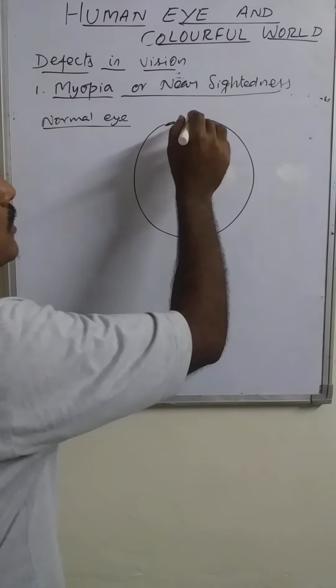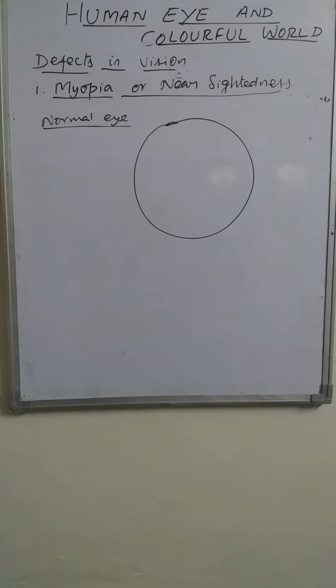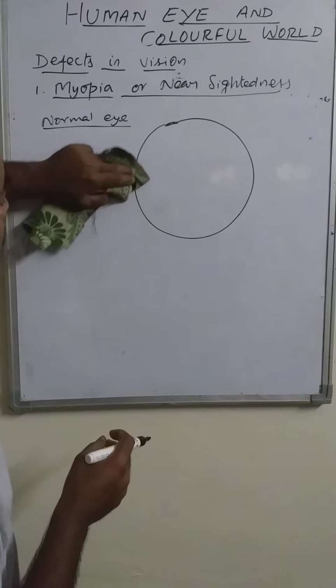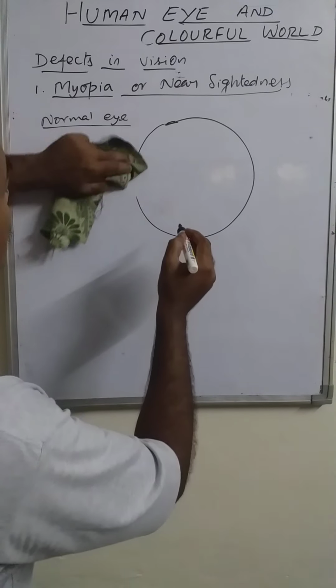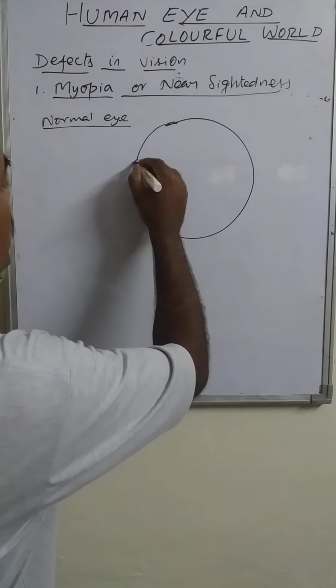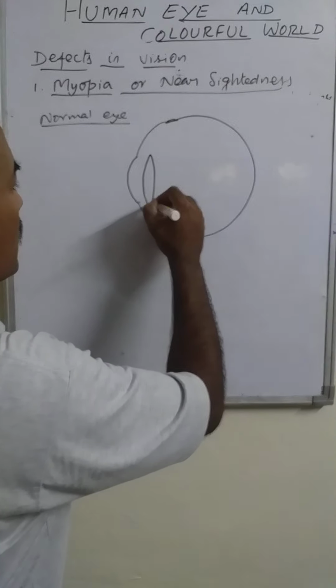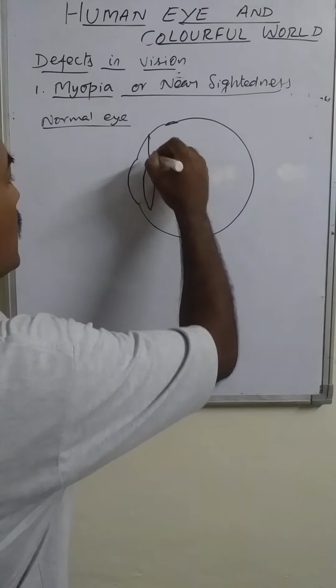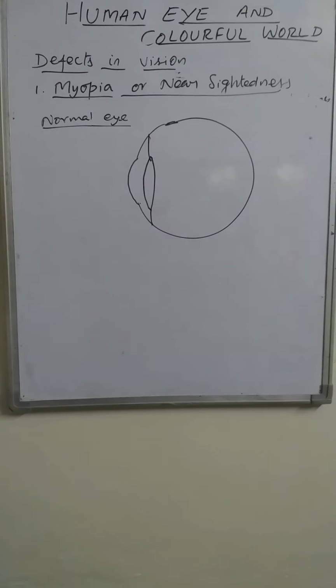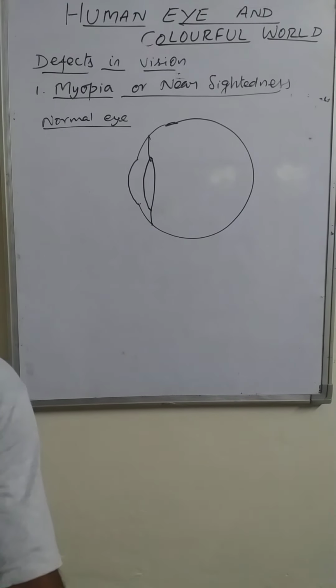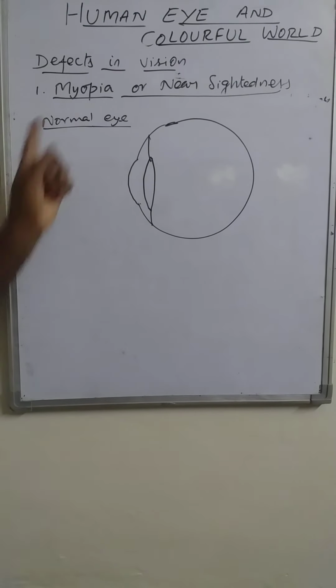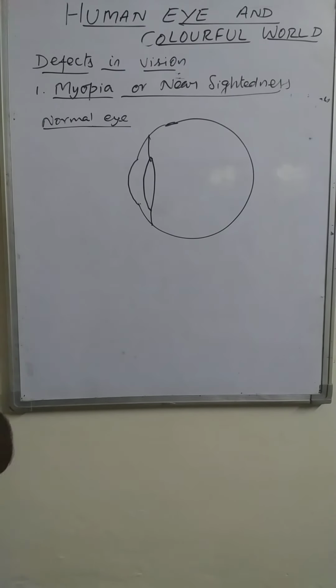No need to mention all other parts. And then here you can show the curved portion, then eyelids, ciliary muscles, that's all. To draw the diagram for showing the defect, no need to draw all the structure. Only these parts are sufficient.